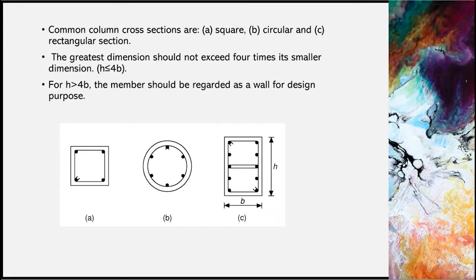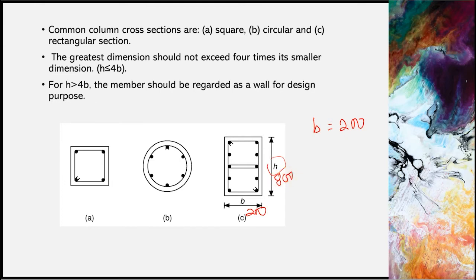The greatest dimension should not exceed 4 times its smaller dimension. So for square column and round or circular column, this one does not apply lah. But basically this is for C here, which is the rectangular section. If let's say H here is less than or equal to 4B, contohnya you have B equal to 200, contoh saja, and H is equal to 800.